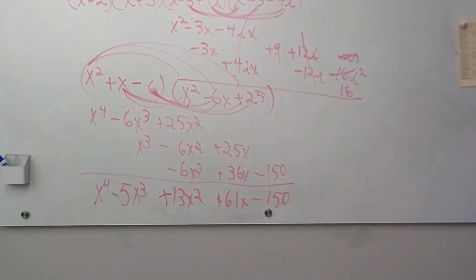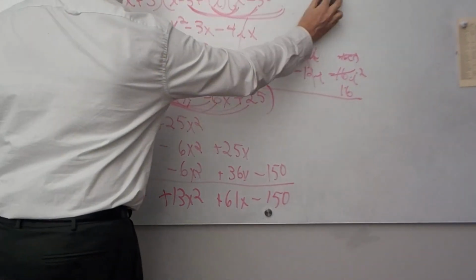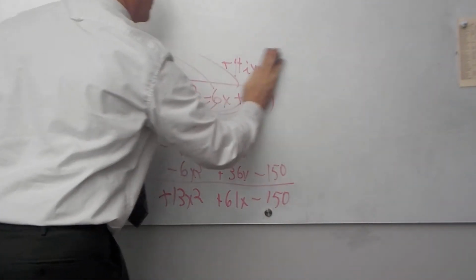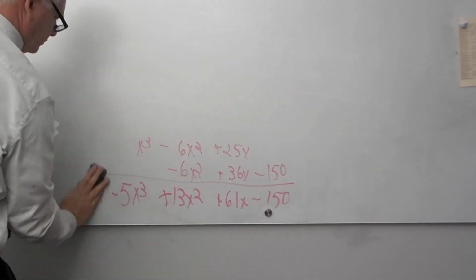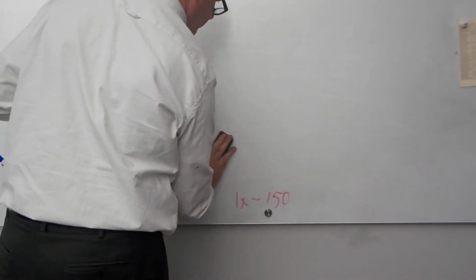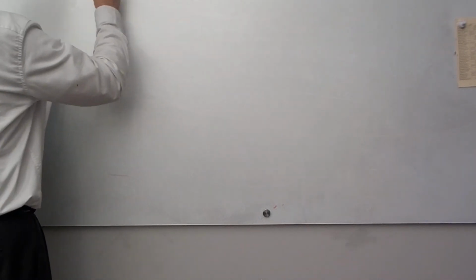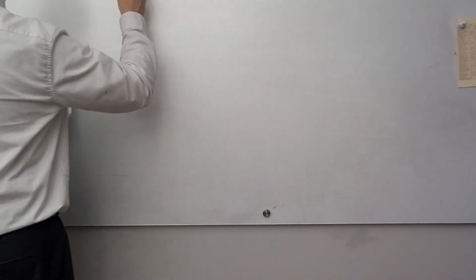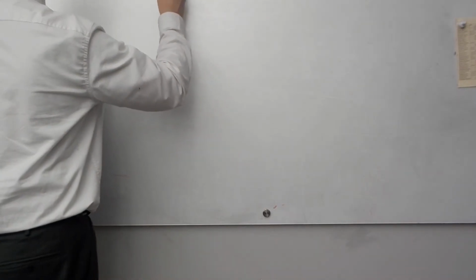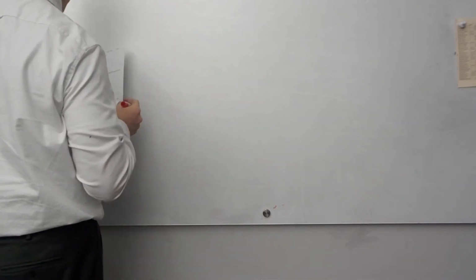So there's number 5. I want to put number 6 up here while we're at it. Find a cubic polynomial function with real coefficients that has 3 and 2 minus the square root of 2 times i as zeros.